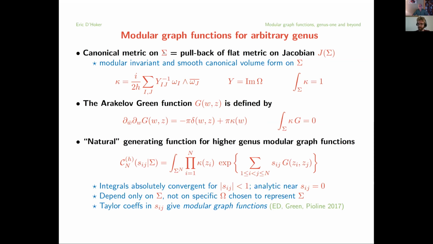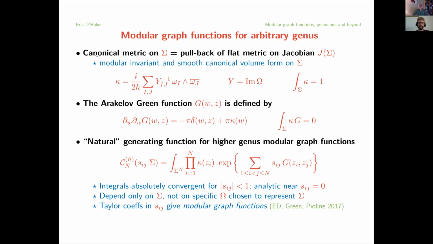Well, actually, on a general Riemann surface, you can associate the Jacobian, which is an abelian variety. And the Jacobian is a torus. It's a flat torus. So on the flat torus, there is actually a flat metric. And you can make this metric canonical by asking that it be invariant under modular transformations, namely under Sp(2H).